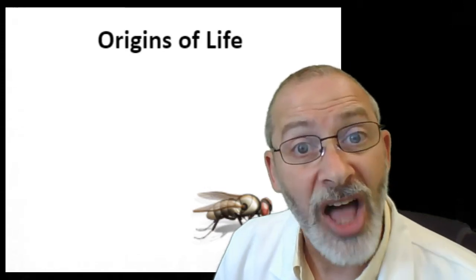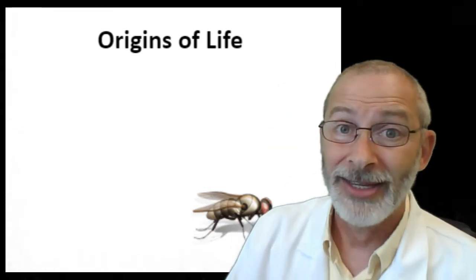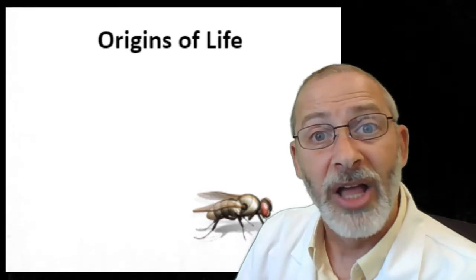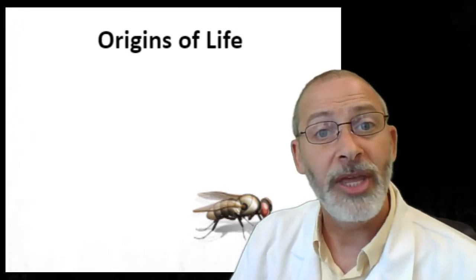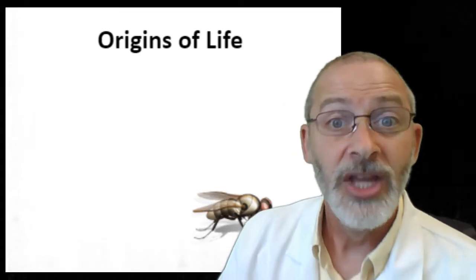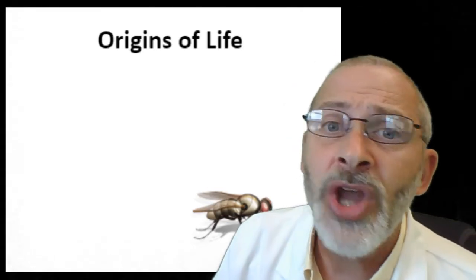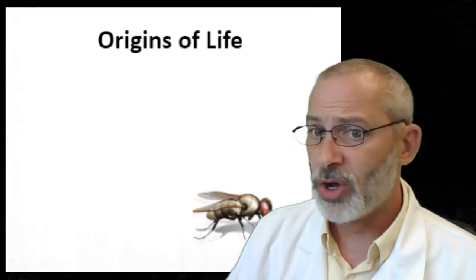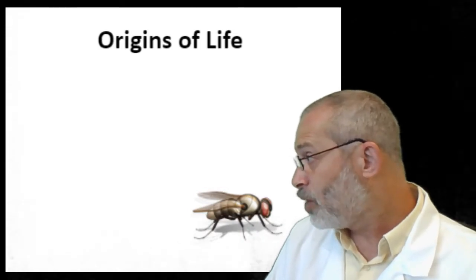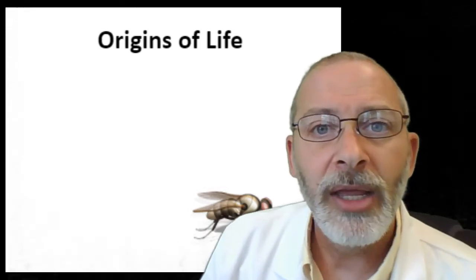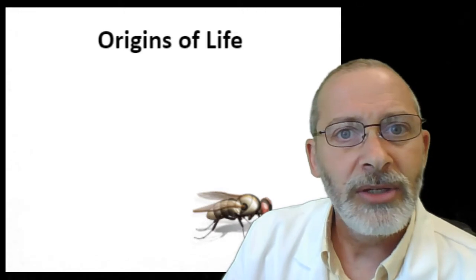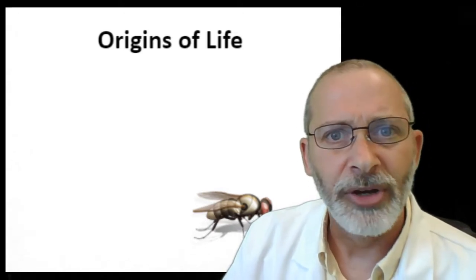If you said other flies, then you're correct. When a mommy fly and a daddy fly love each other very much, they produce baby flies. So flies come from flies.